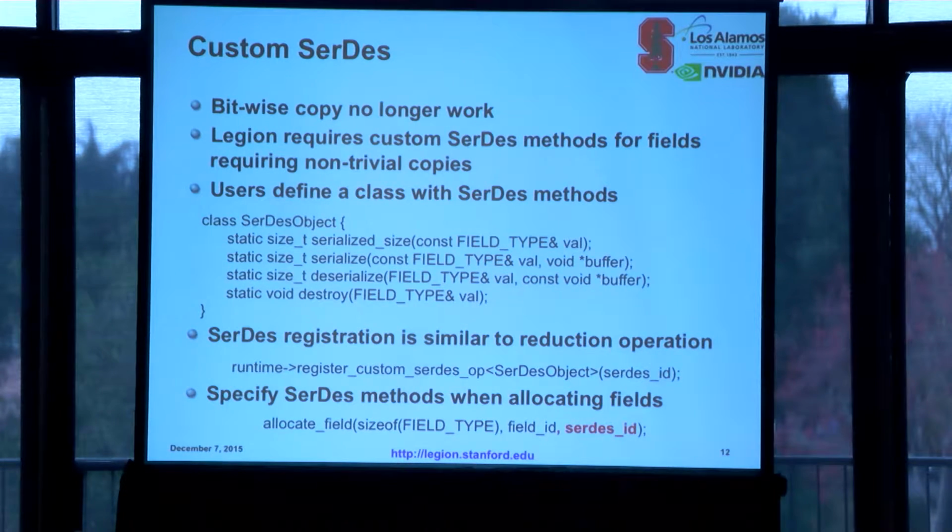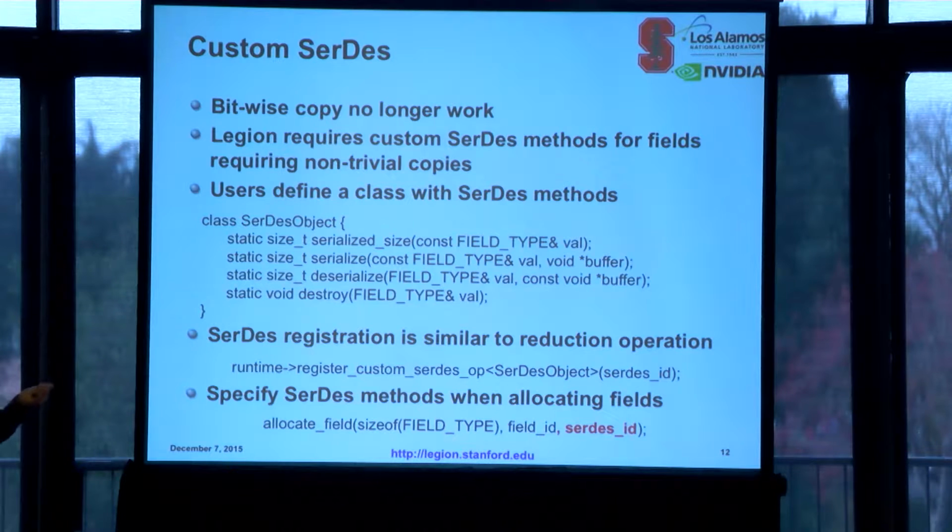The registration for serialization and deserialization operations is very similar to reduction operations. There's a runtime API called register custom serdez operation. Basically, you just register that serdez object with an ID. And if you would like to specify some special fields that need serialization or deserialization methods, it's very simple.